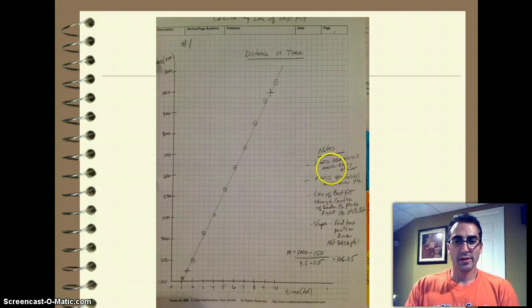Lastly, over on the right, I've calculated the slope, and using just 2 points on the graph, you can calculate the slope by doing the difference in y values divided by the difference in x values. Once you get the slope and the y-intercept, you can write an equation, which I have not done, but I did calculate the slope. Notice too that the points that I picked to go into this equation were points on the line.